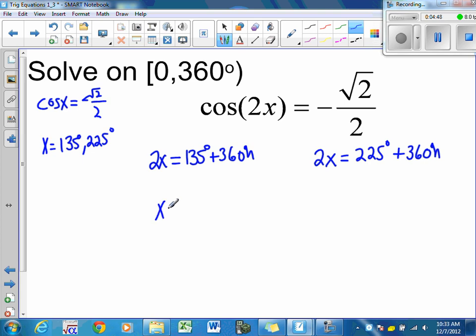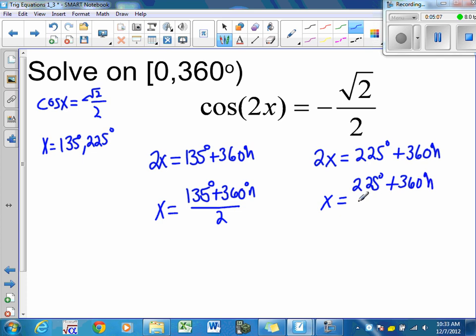So my x is 135, and I can't divide by 2, so it's odd, so I'm just going to write this as one big fraction all over 2, and x equals 225 plus 360n all over 2.